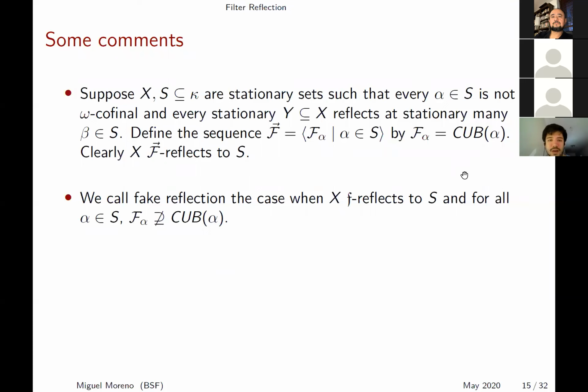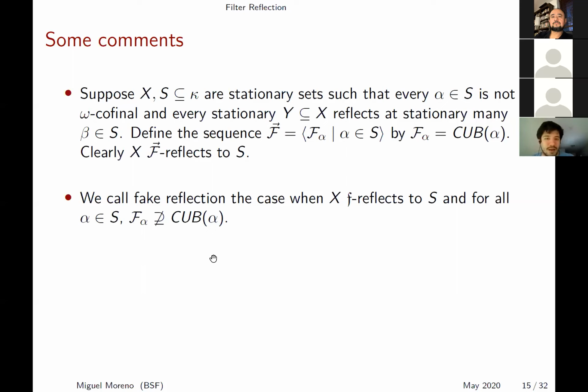That's what we call fake reflection. That's the part that we're going to focus on. So you have some notion of reflection, but it somehow misses. It is kind of orthogonal to stationary reflection in some sense, because at each alpha in S, it will reflect, but not in the correct set, so to speak, or in a strange notion.